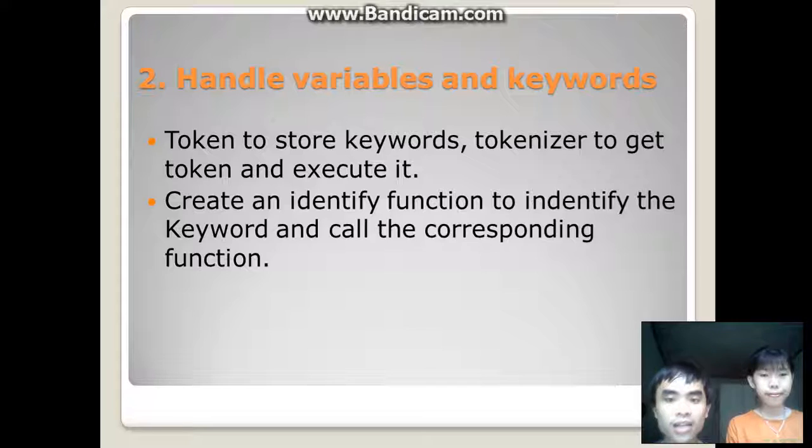And in tokenizer, there are functions that separate the command and the token, and then execute the command. Also in tokenizer, we have a function to identify the keyword, and correspondingly we call the correct function and do the work of the command.